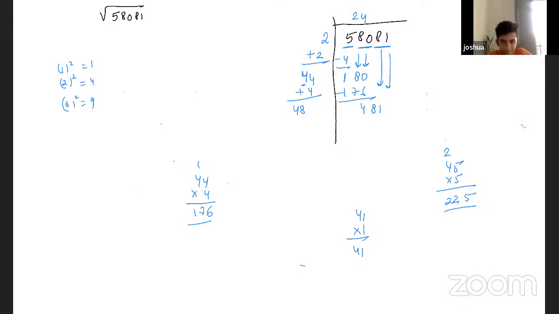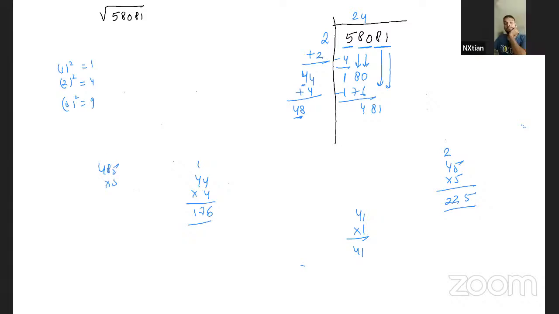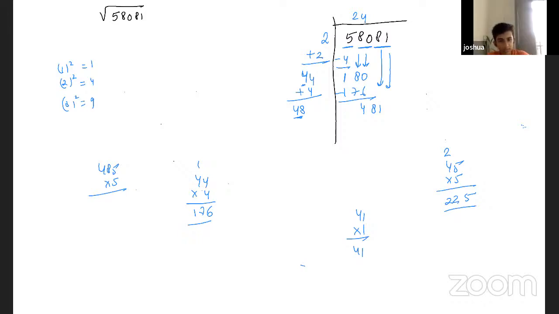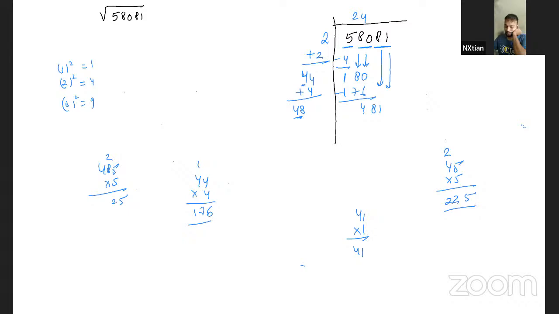If you take 5, it will become 485. 48 was already there, and you chose 5, so it will become 485 multiplied by 5. Did you understand? No. Okay. So it will become 5, 2, 2, and 4. So it will become 2425, which is too great from that. Understood? You need a smaller number or equal number to this.